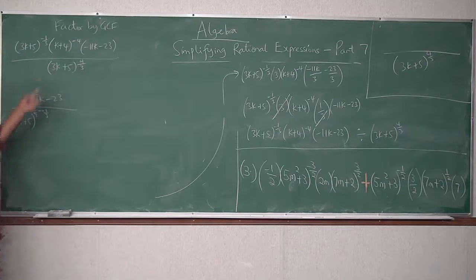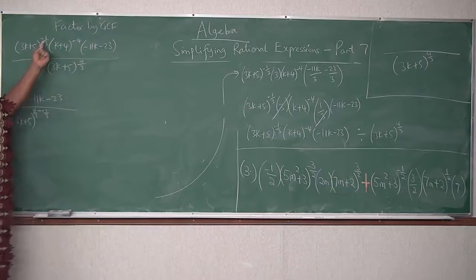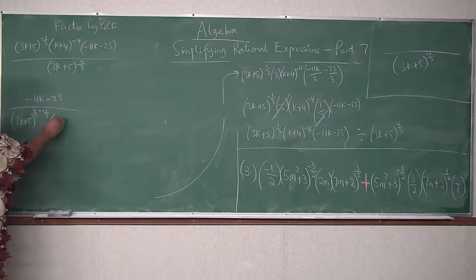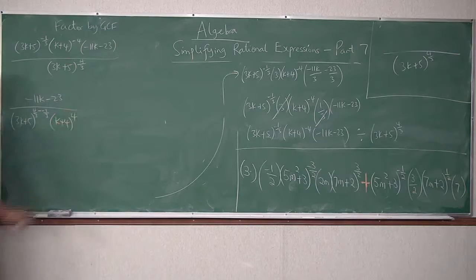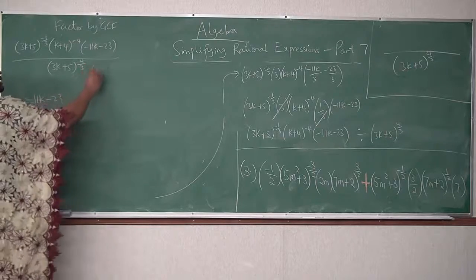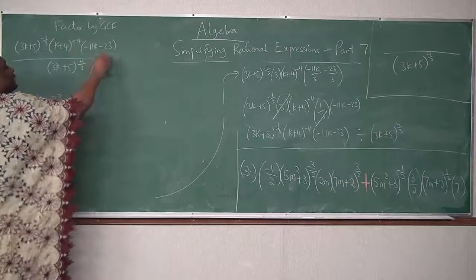So this is minus, if I'm bringing this down, it's minus, then minus 1 over 3. Then times k plus 4 exponent 4, because I'm bringing it down. Because this is like saying k plus 4 exponent 0.